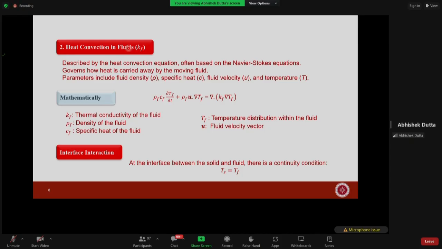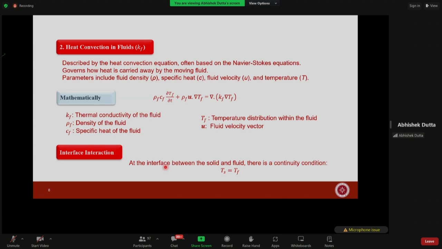What is important to realize in conjugated heat transfer, as different from other aspects of heat transfer, is that you assume there is a continuity condition at the interface between the solid and the fluid.